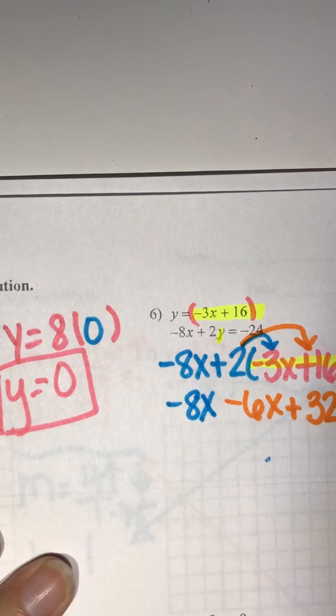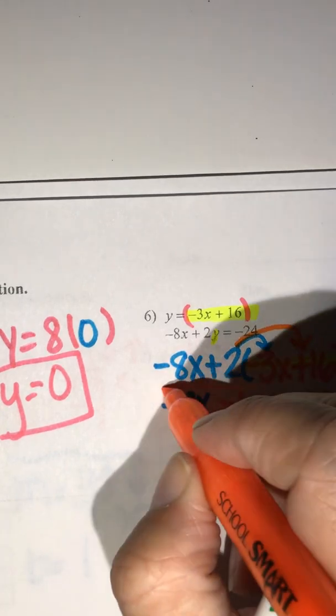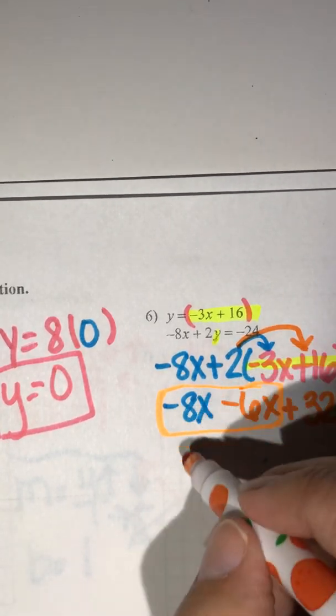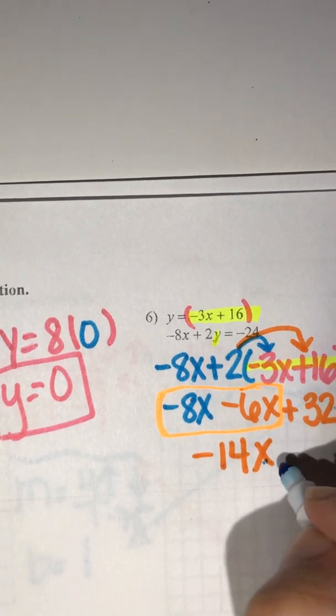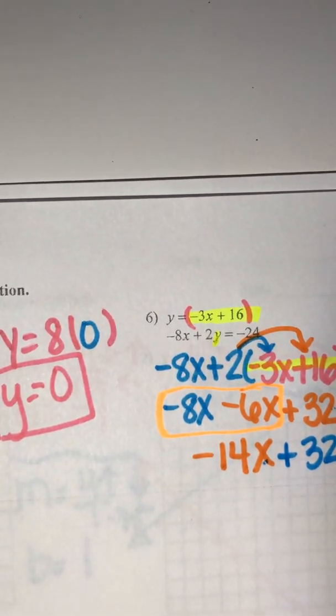Next, I need to combine like terms. My like terms are negative 8x and negative 6x. So when I put those together, that gives me negative 14x. And I drop down my plus 32 is equal to negative 24.